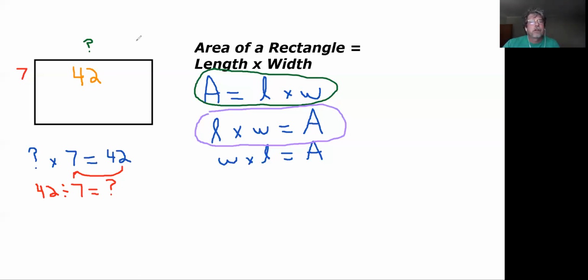Now, remember, if I don't know the solution to this problem, I have to figure out 42 divided by 7. Basically what you're asking is how many 7s does it take to get to 42? You also can use your tic-tac-toe board as a way to create your 7 facts.